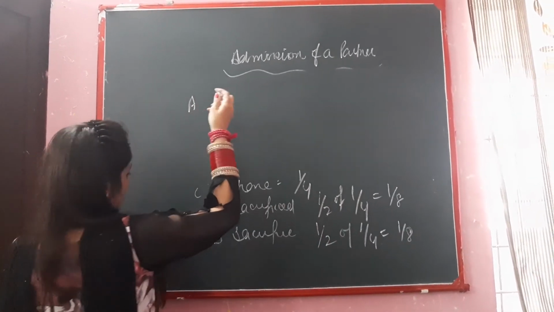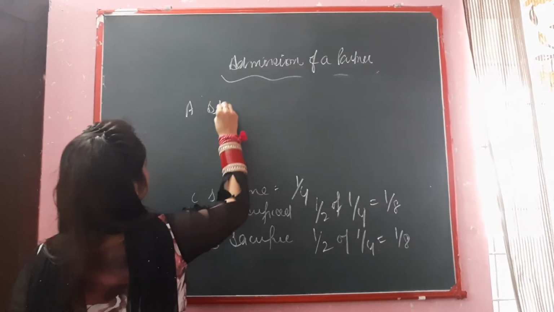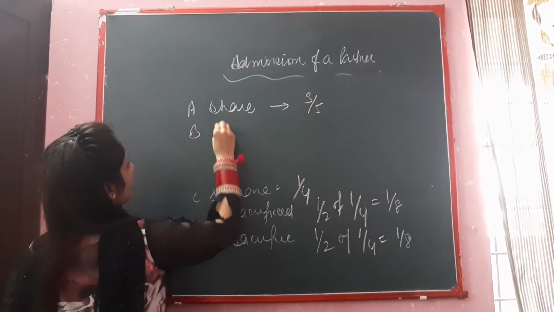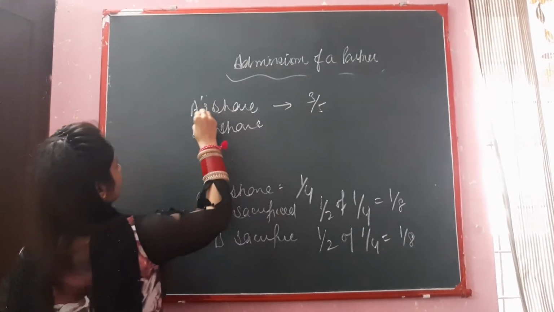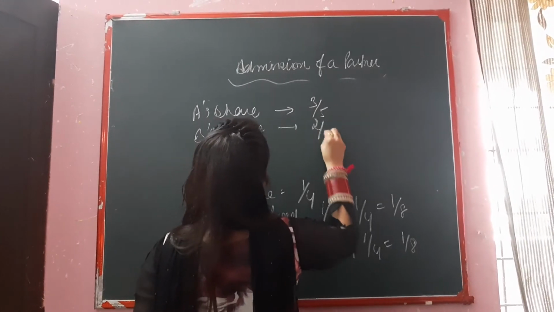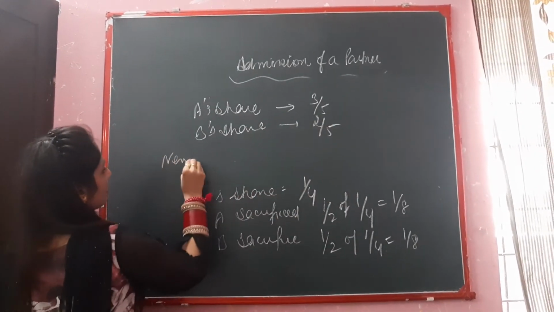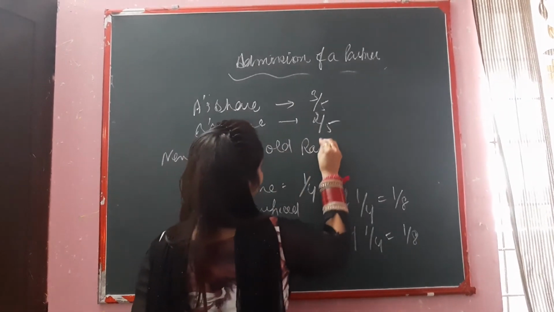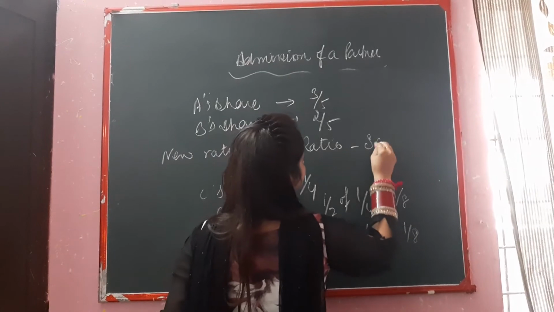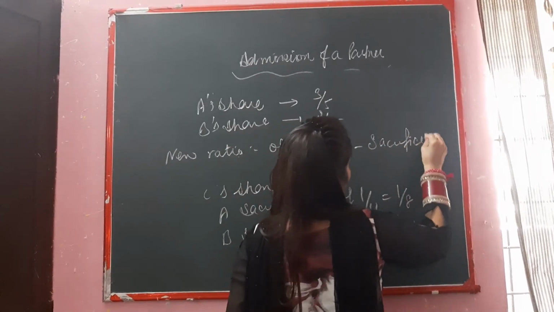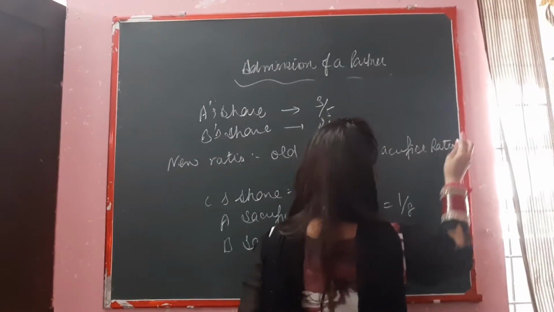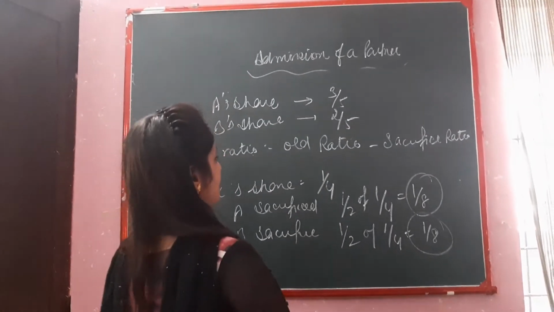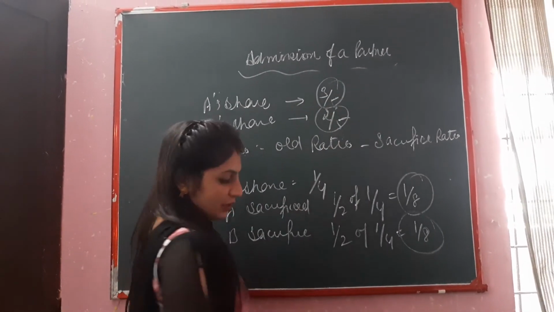A's old share was 3/5 and B's old share was 2/5. And the formula of new ratio will be equal to old ratio minus sacrifice ratio, right? So sacrifice we have calculated, that is 1/8 and 1/8. Old ratio is given in the question, that is 3/5 and 2/5.